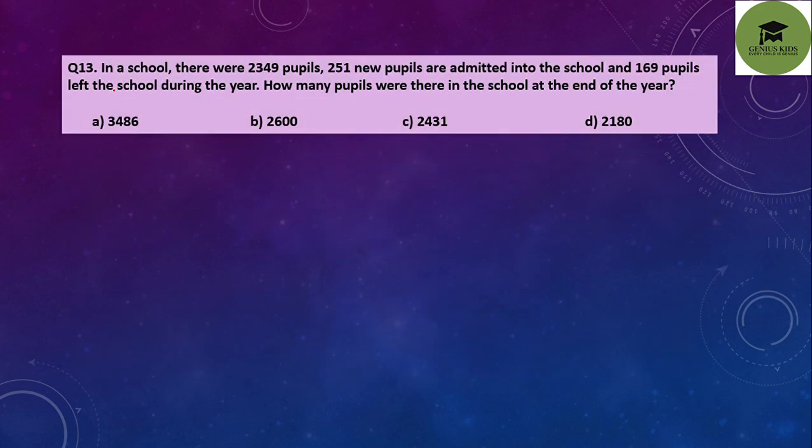Next question. In a school, there are 2349 pupils. 2349 pupils means students. 251 new pupils are admitted into the school and 169 pupils left the school during the year. So how many pupils were there in the school at the end of the year?